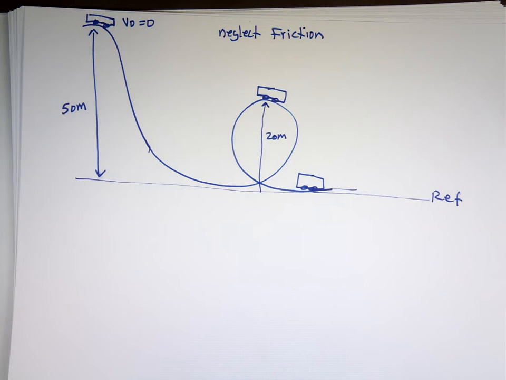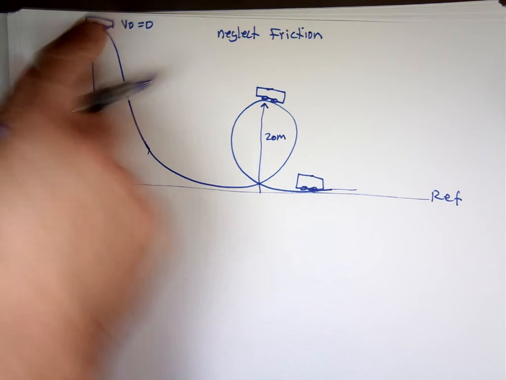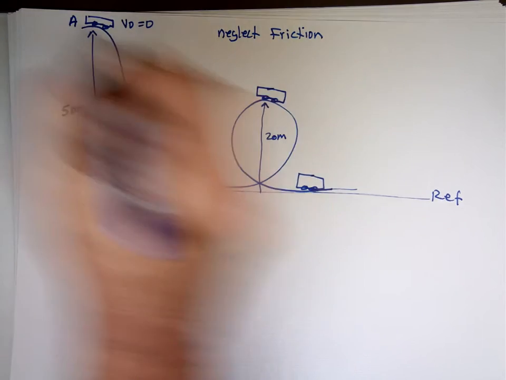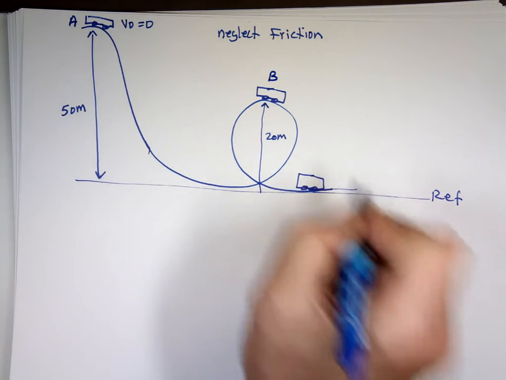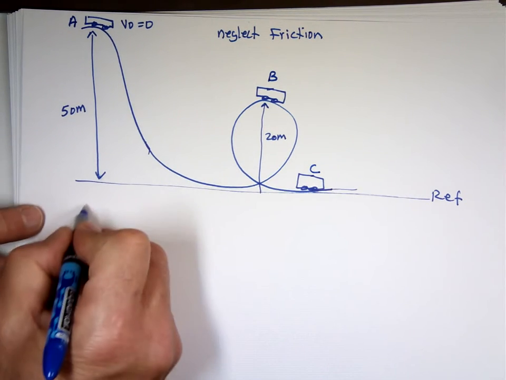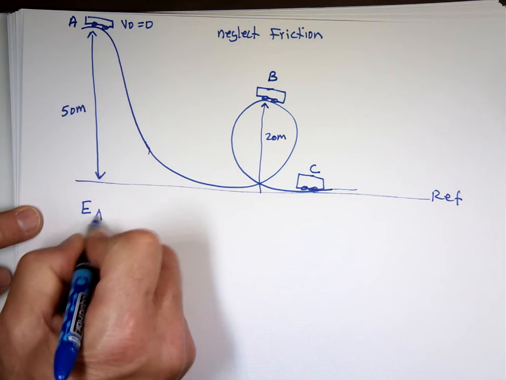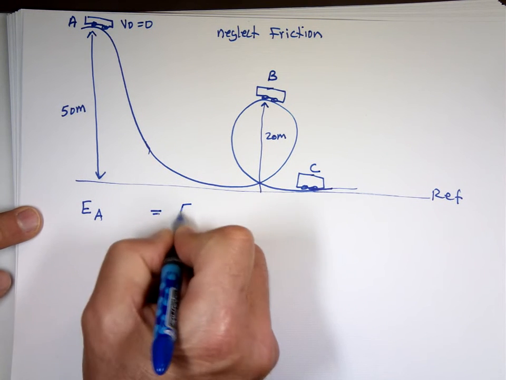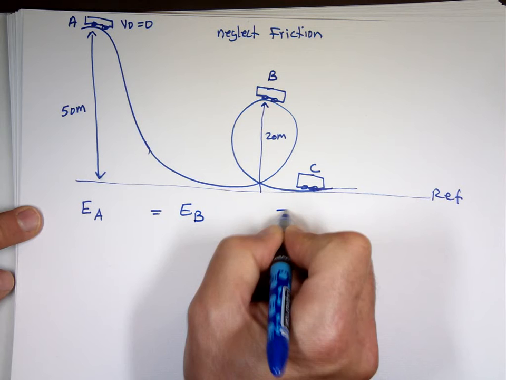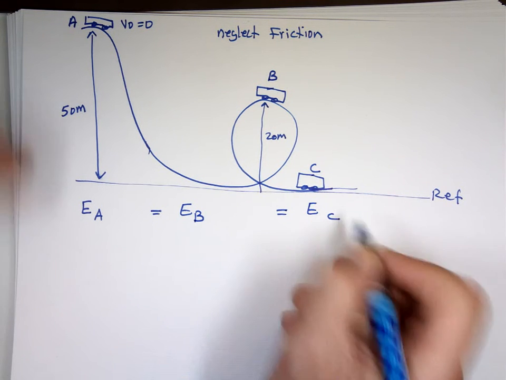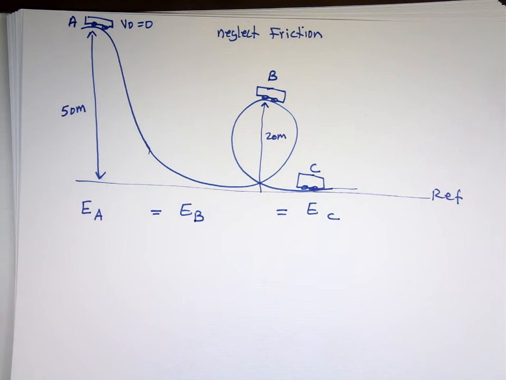So if you neglect friction, if you take the sum here, we'll call this point A, this point B, and this point C. The energy at A, the sum of it, should equal the energy at B, which should equal the energy at C. Anywhere on the track, the sum should be the same.